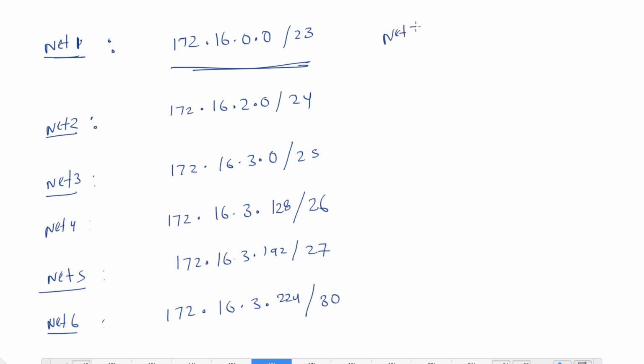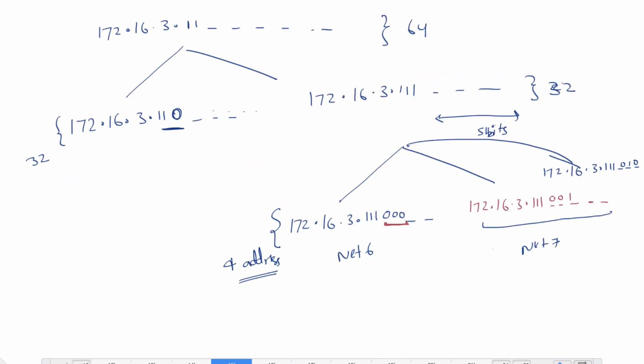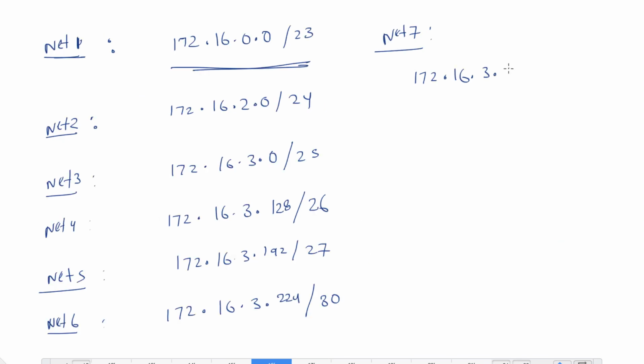Similarly, for network 7, you will have 172.16.3.228 and then slash 30. This will be your 7th network. That's how I am dividing my entire network into several networks. So see here, my entire network was this.